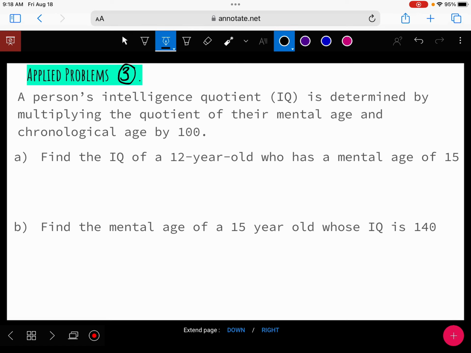What? Okay. So A and B are the questions we're working. We can start with making our own formula. We have pieces here. I've got that we have mental ages involved, got chronological age, got multiplication, we've got quotient.